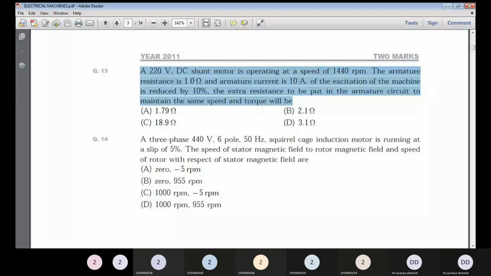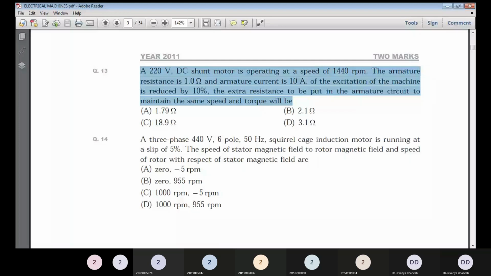So your IA2 value will be equal to phi1 by phi2 into IA1. So you'll be getting IA2 as IA1 into phi1 by phi2.